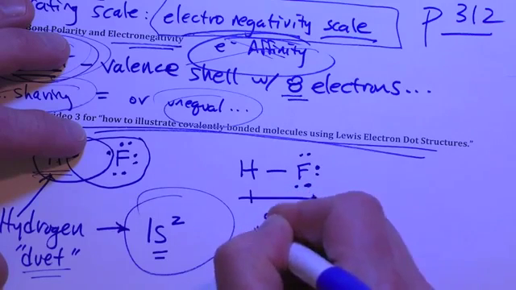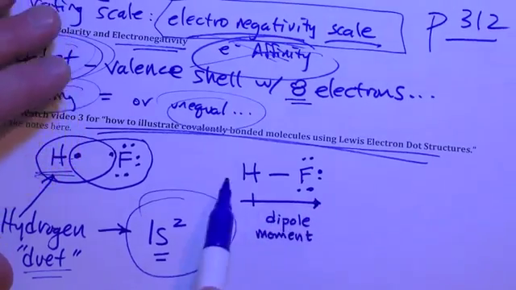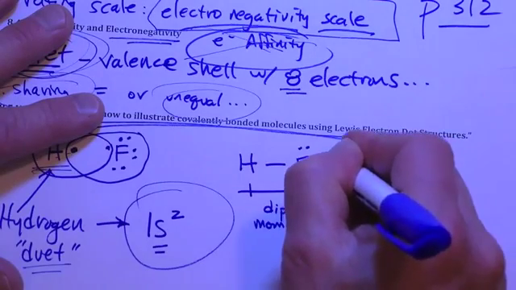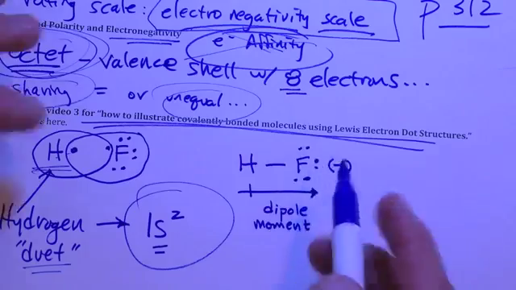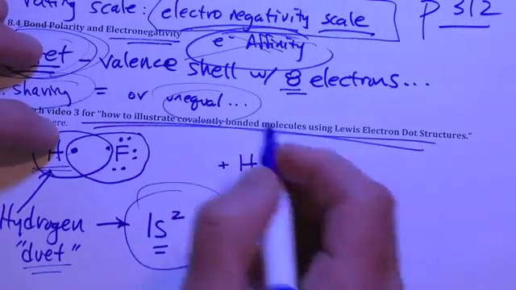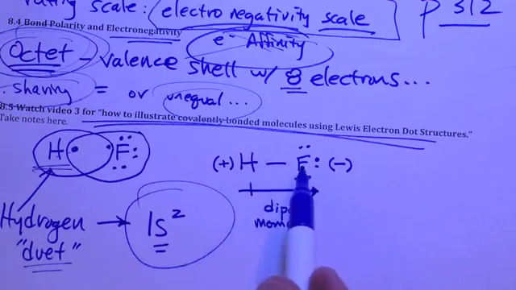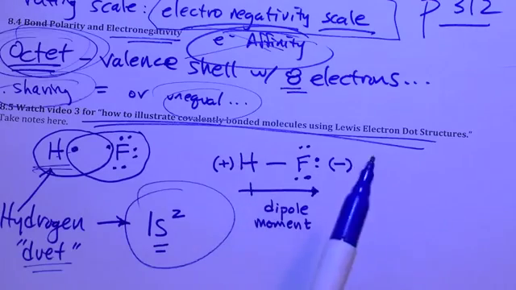dipole moment that is constructed between hydrogen and fluorine, where there's more of a buildup of negative charge over here by the fluorine because it pulled hydrogen's electron close to itself, and there's more of a positive charge buildup over here on the hydrogen because hydrogen is now lacking its electron, and therefore its nucleus, which contains a proton that's positive, is very exposed.